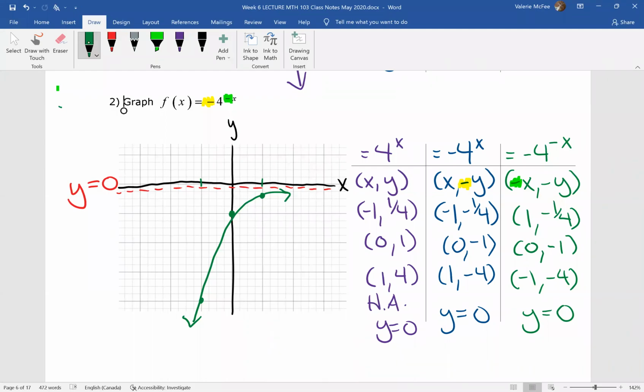So you see here, we have a reflection across the y-axis and the x-axis. We've changed the domain. No, we haven't. The domain remains the same, the set of all real numbers, but we've changed the range from negative infinity to 0.